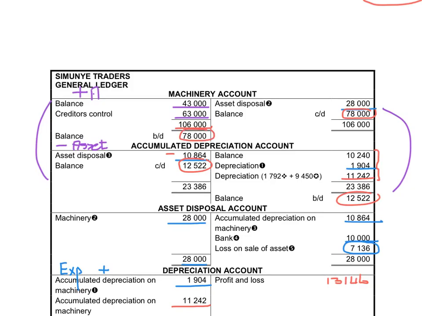If I want to complete the note, I will take all the information in my machinery account and accumulated depreciation account to determine the note. Every figure in these two accounts must be recorded in the note, otherwise the note will not balance. The opening balance for machinery was 43,000 and the opening balance for accumulated depreciation 10,240.